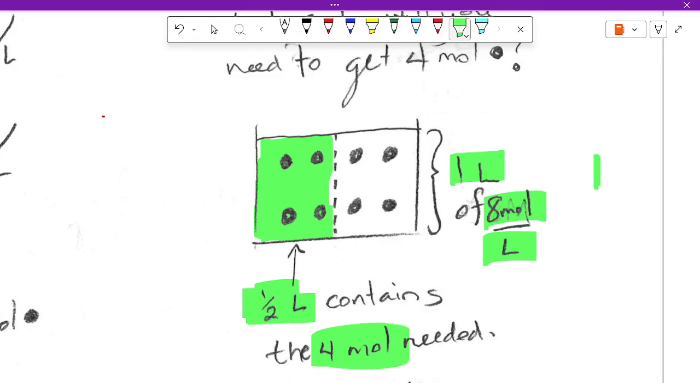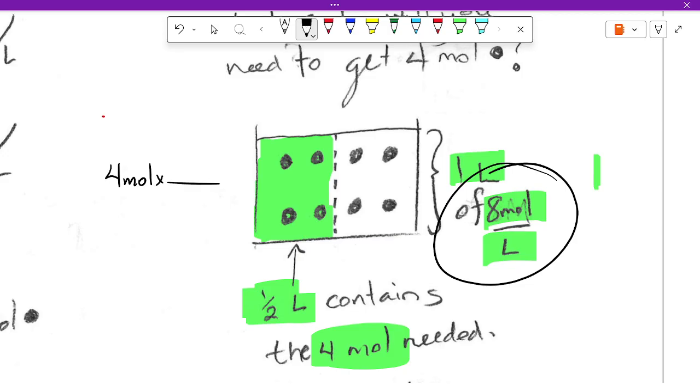Now, how would we do that mathematically? We could say, I need 4 moles. So I've got 4 moles. And I know that I have 8 moles per liter. I want to know what volume I need. Well, could I cancel my moles and find my liters? Would that work? Yeah, I need to cancel my moles and find my liters.